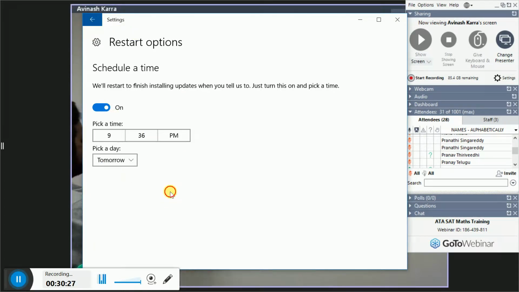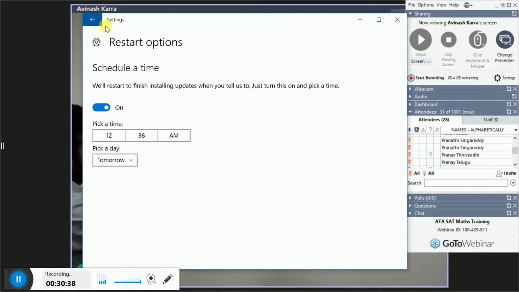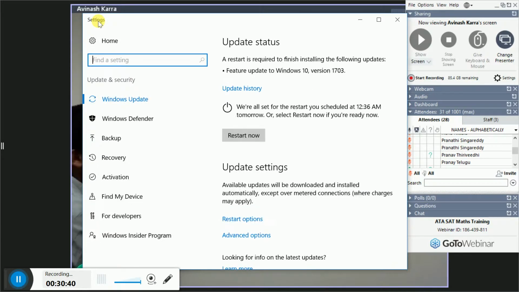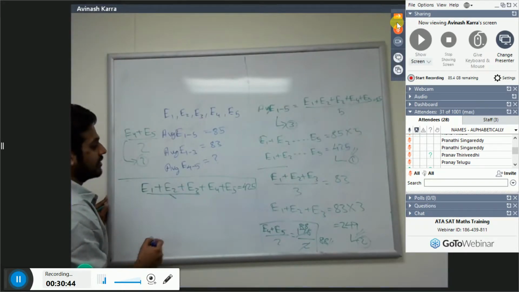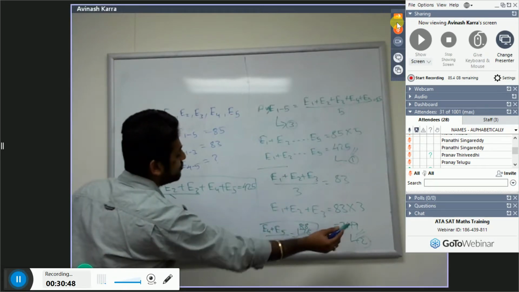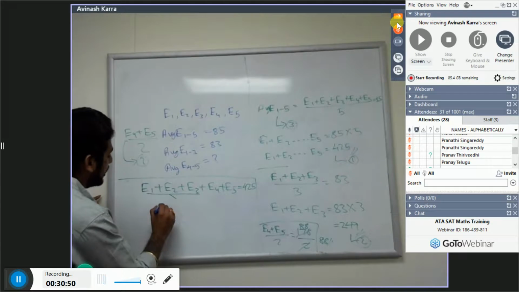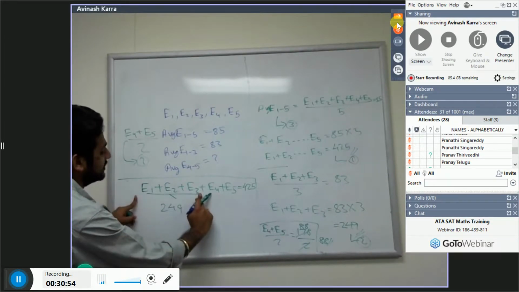Now we know this value, and apart from this, we know this one also. So can I substitute 249 instead of this statement till here?